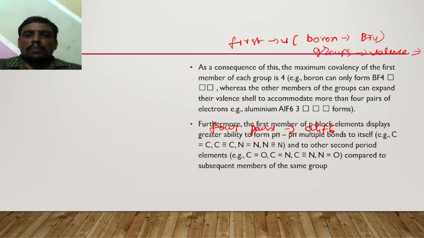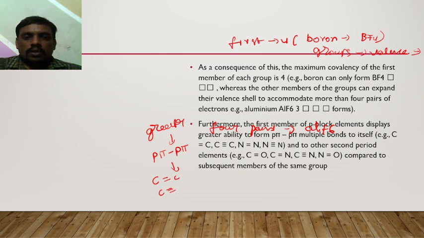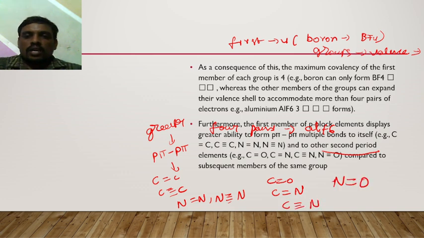Further, the first member of the p block elements displays greater ability to form pi bonds, multiple bonds to itself, for example C=C, C≡C, N=N, N≡N, and to other second period elements, for example C=O, C=N, C≡N, N=O, compared to subsequent members of the same group.